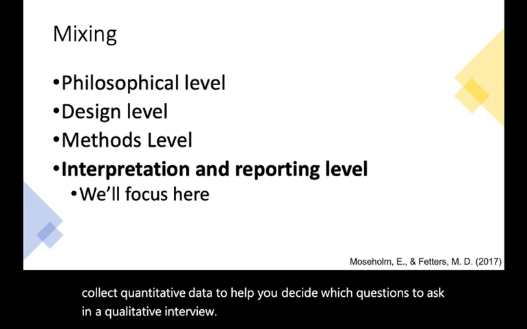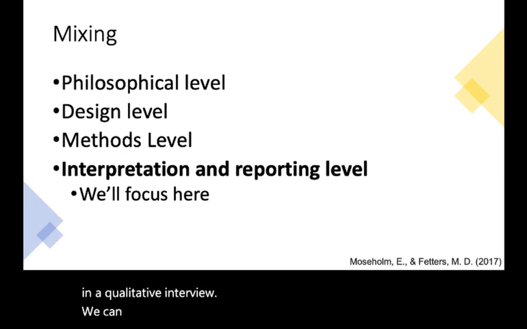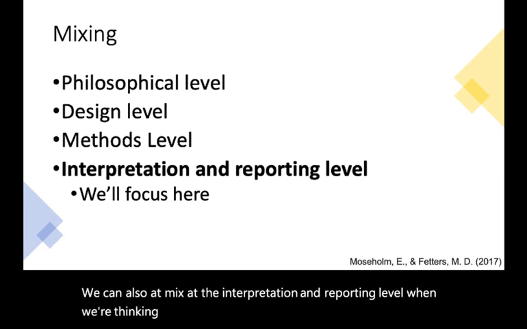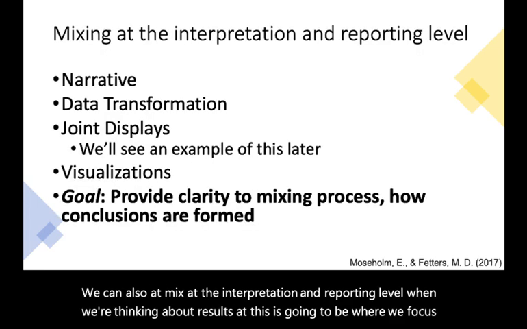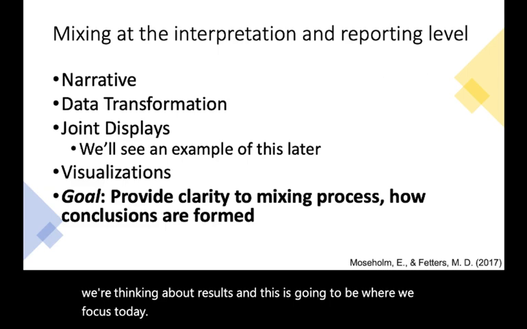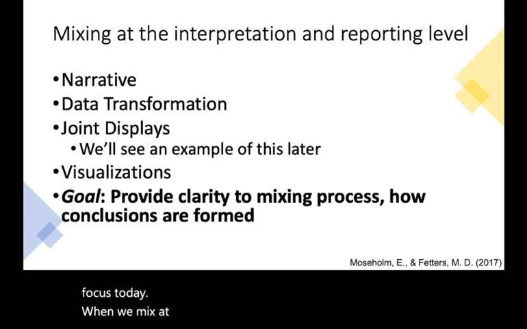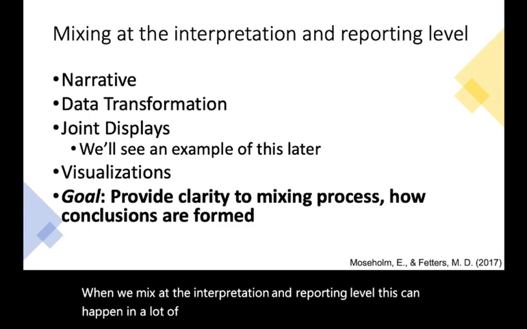We can also mix at the interpretation and reporting level when we're thinking about results. This is going to be where we focus today. When we mix at the interpretation and reporting level, this can happen in a lot of different ways.